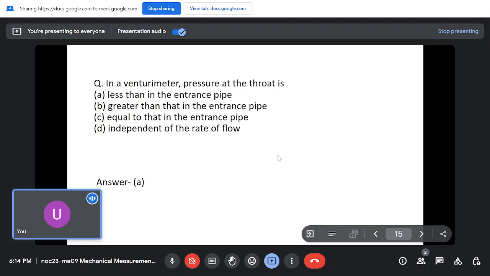Or you can remember it physically: when the fluid is moving at a faster rate, it has less time to exert pressure on a section. Pressure is basically the fluid exerting force on a point, so when it is moving, it has less time to exert that pressure. So the pressure will go down. So the answer is option A, less than the entrance pipe pressure.